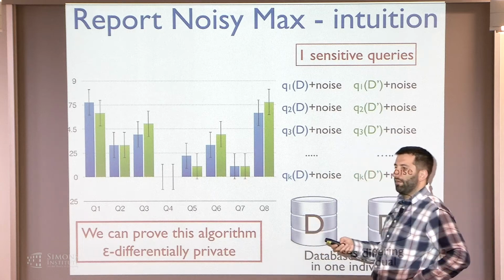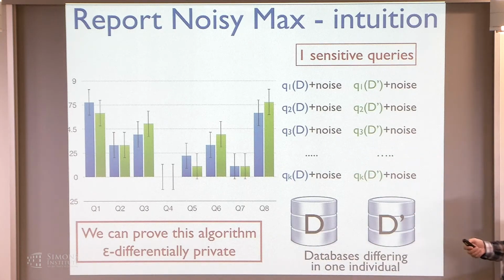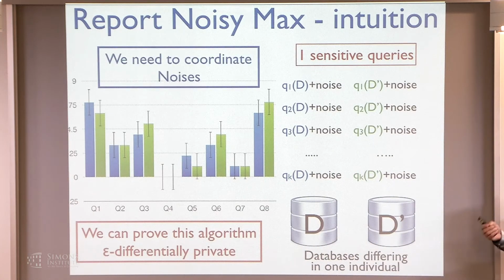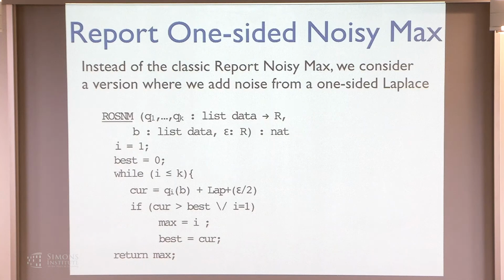But if we look overall and we try to coordinate the noise, we can show that mainly we are allowed to pay just for the max result. Now, this is a very high level intuition. Maybe other people have different intuition, but let's try to prove it formally.